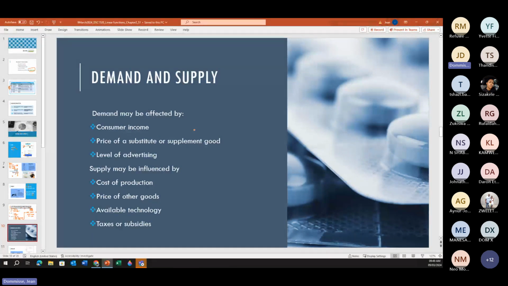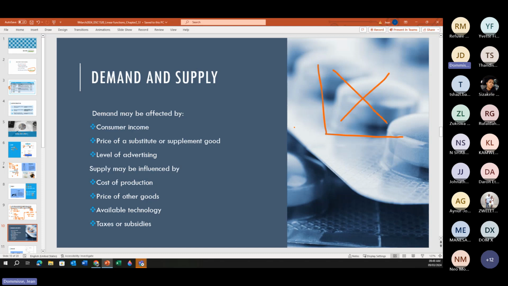Remember, we're still working here with linear equations, linear functions. Linear functions, when we look at demand and supply, will always be straight lines. When we get to, I think, chapter 4, that is where it becomes nonlinear.